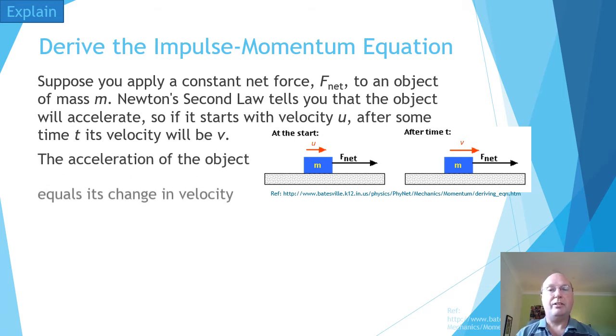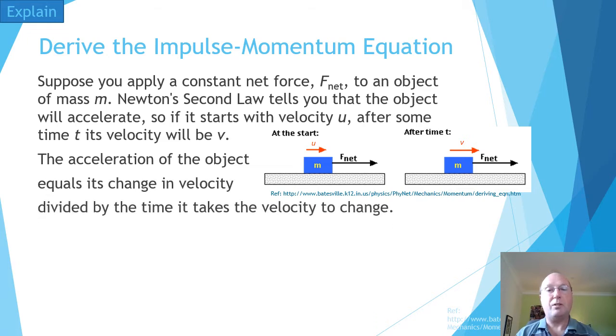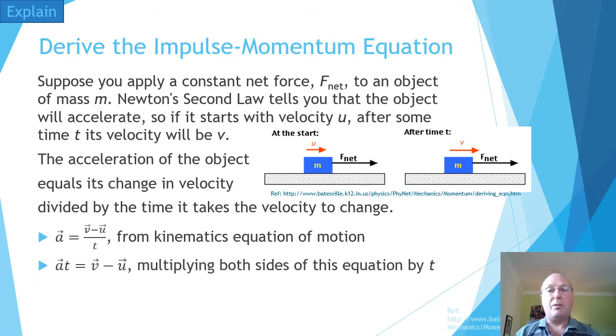The acceleration of an object equals its change in velocity divided by the time it takes the velocity to change. So from the kinematics equation of motion, we have a equals v minus u all on t. If we multiply both sides of this equation by t, we have at on the left equals v minus u. And now if we multiply both sides by m, we have mat equals m brackets v minus u.